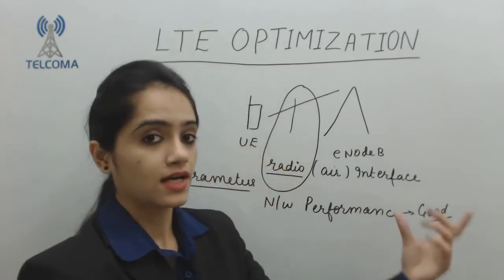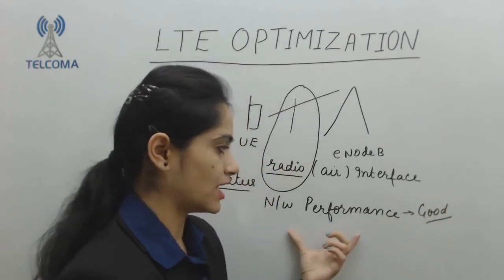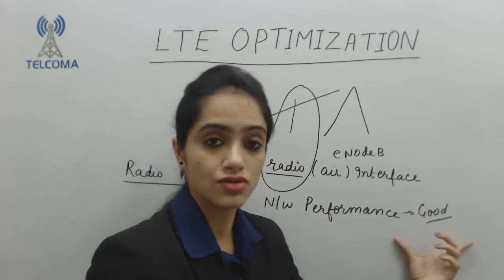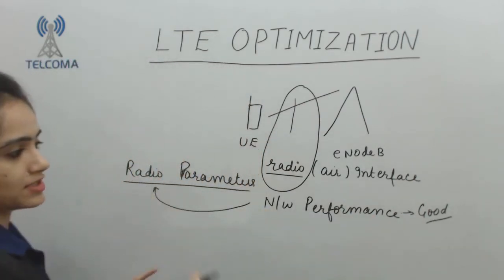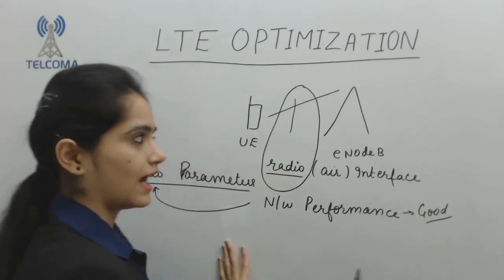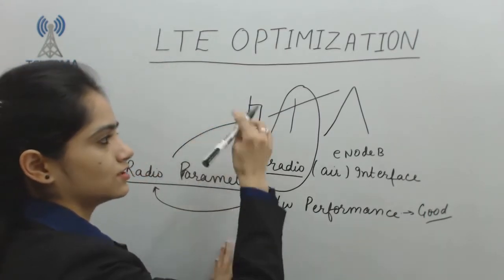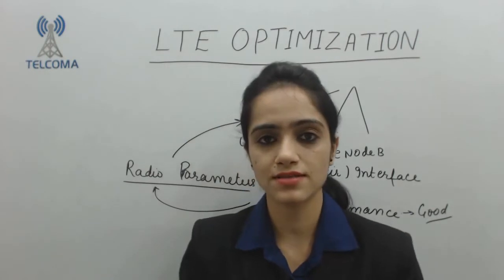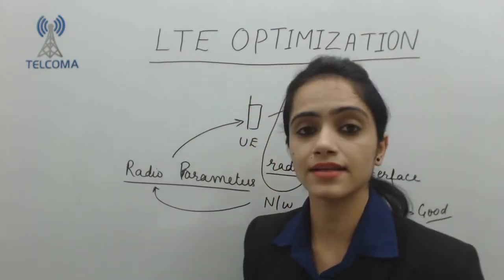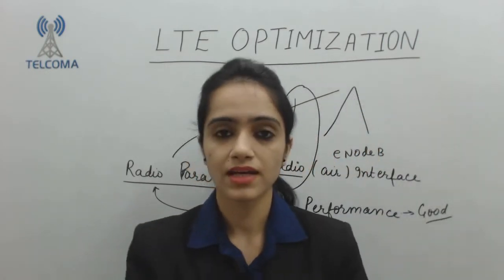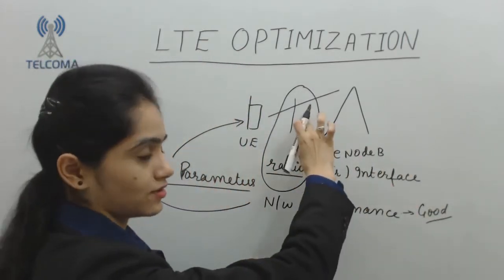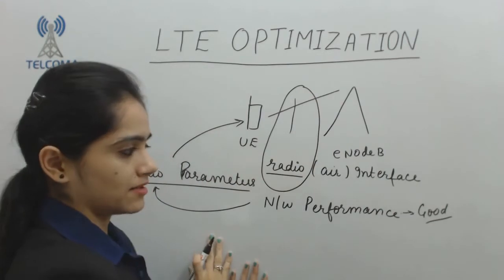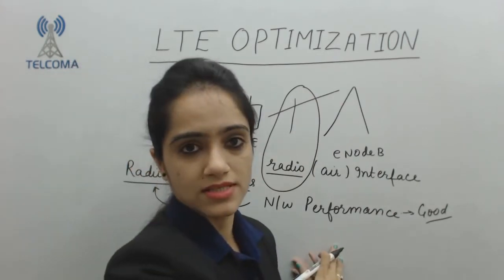If I am an optimizer, I require that my network performance should be good. That means my radio parameters should be good, and in return the UE should get good services, which is directly related to the quality of service. So these are all interrelated: good radio network conditions, good radio parameters, good network performance.